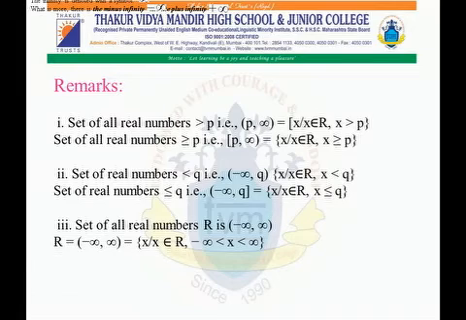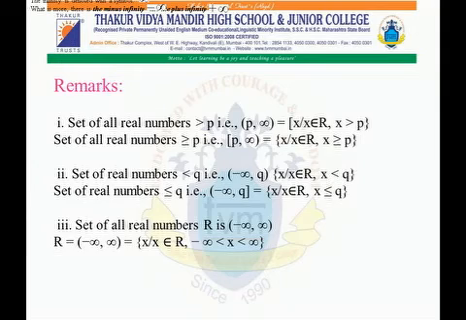Set of all real numbers more than or equal to p is written as closed at p to infinity, because here the greater than or equal to sign is given. So it is closed at p to infinity, equals x such that x belongs to R and x is more than or equal to p.